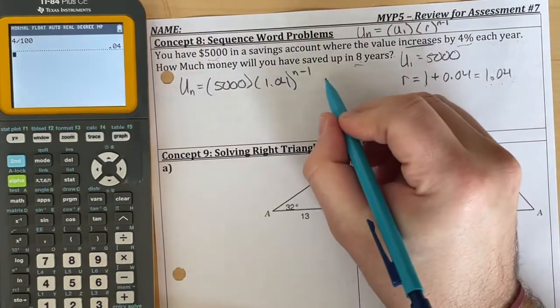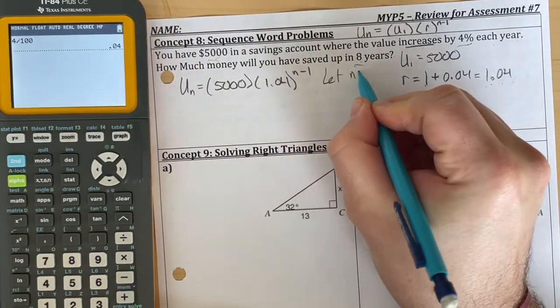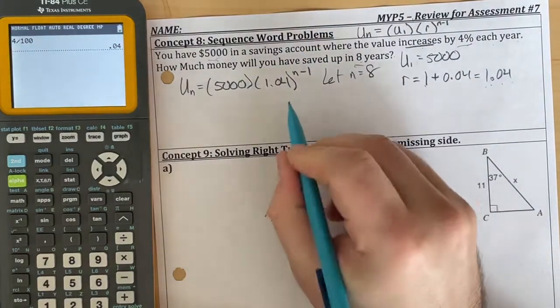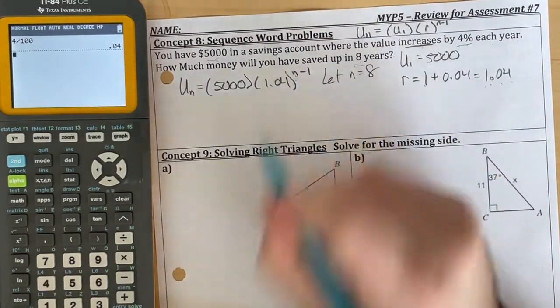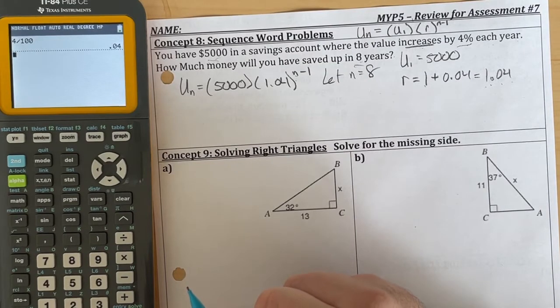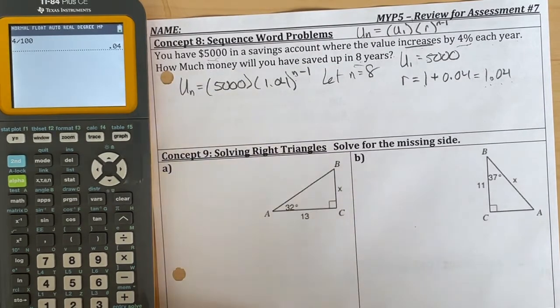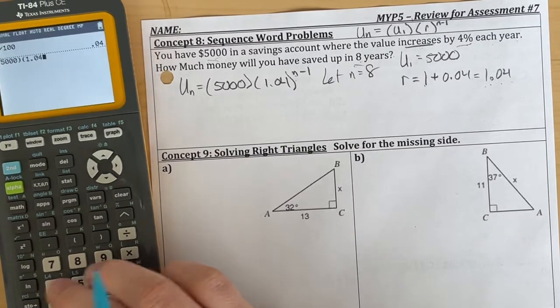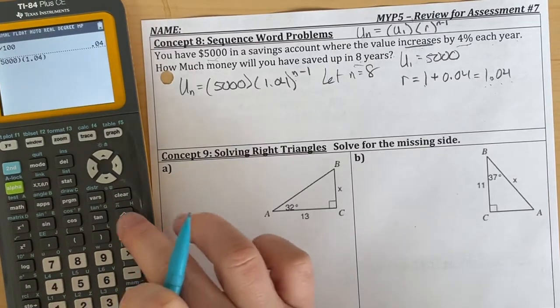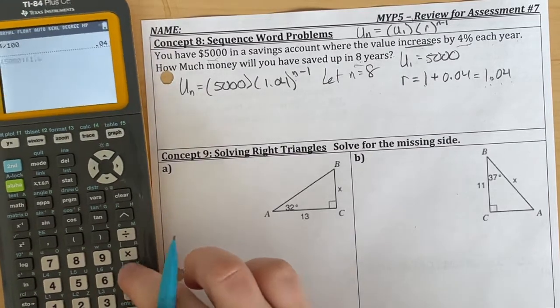So you let n equal 8, and what I can do is plug 8 into our formula. I can type it in exactly as it looks: 5,000 times 1.04 to the power 8 minus 1.